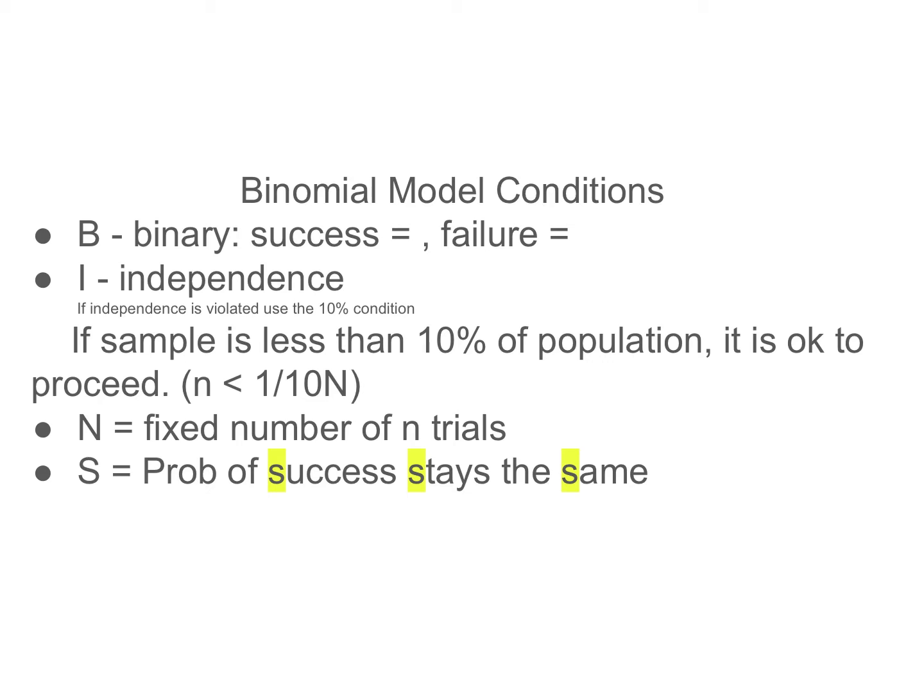So let's look at what conditions need to be true in order to apply a binomial model. Your probability has to be either a success or a failure. Okay, it can't be 3 different options, it has to be just 2, success or failure. Your events must be independent.